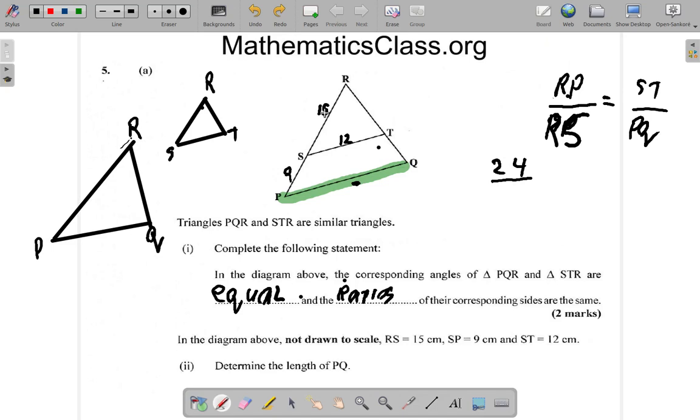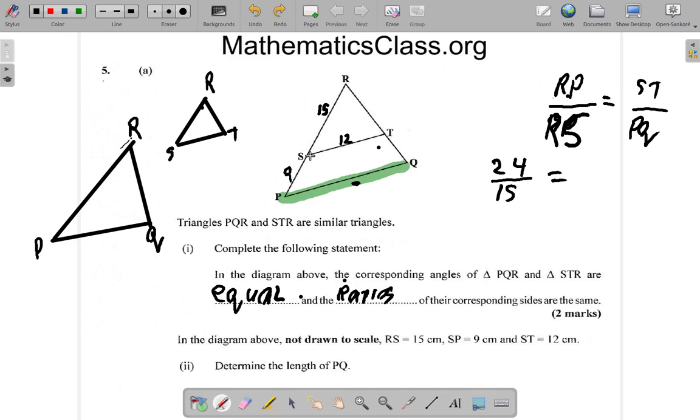RS is how much? It's 15. Is equal to, let's see, ST. ST is the bottom of the small triangle. So the bottom of the small triangle over the bottom of the big triangle is in the same ratio, right? Side of the big over side of the small is side of the big, next side of the big over next side of the small.